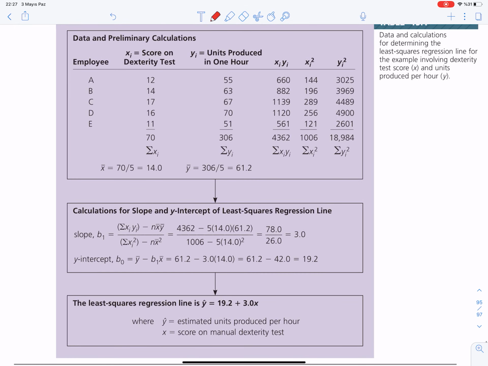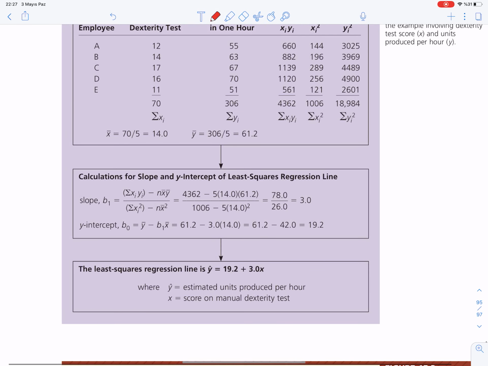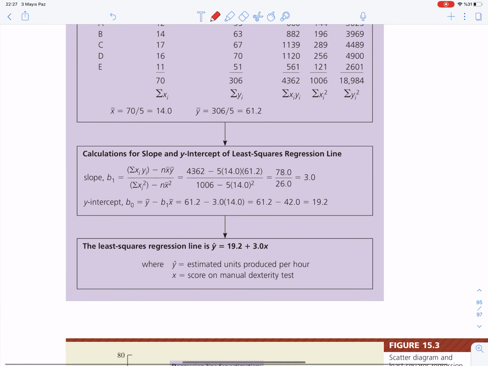If you have all of this, substitute all these results within the formula of b1. You get the slope to be 3. That's the slope, and I'm going to have it within a box.